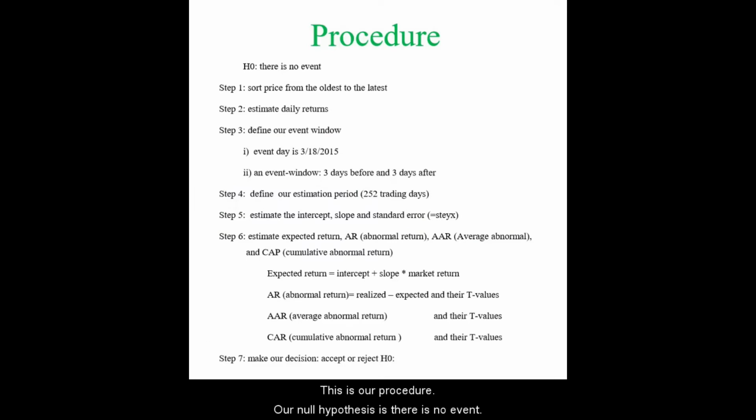This is our procedure. Our hypothesis is there's no event on March 18, 2015. Step 1. Sort price from oldest to the latest. If you input data in the correct order, it is fine. Step 2.